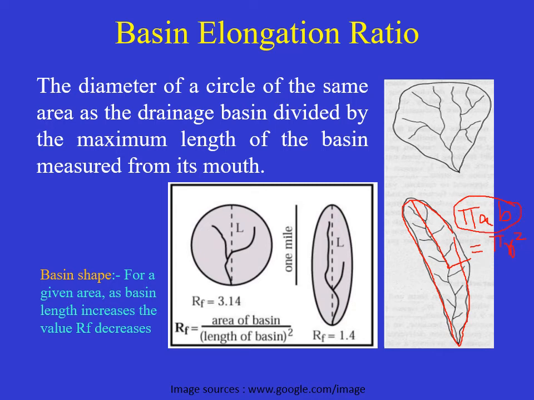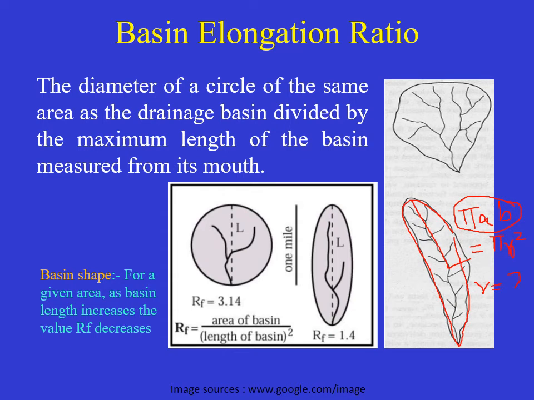You have to calculate it from your field studies. So the area of the drainage basin you already know. That means this value pi AB is known. The unknown thing is the area of the equivalent circle, that means pi r square. So from this equation, you will get the value of r, that is the radius of the circle.